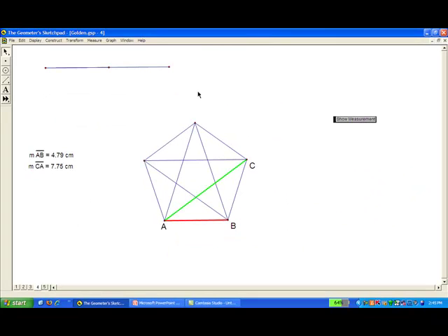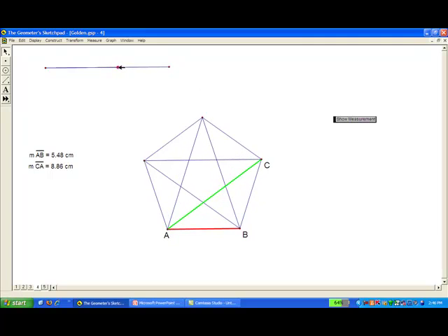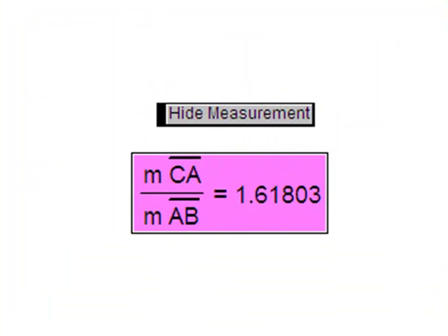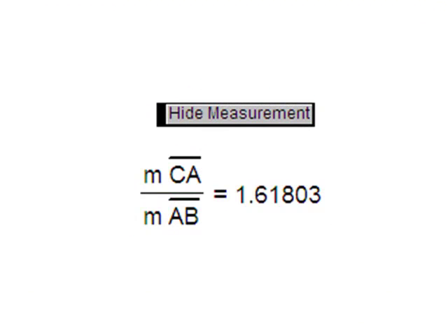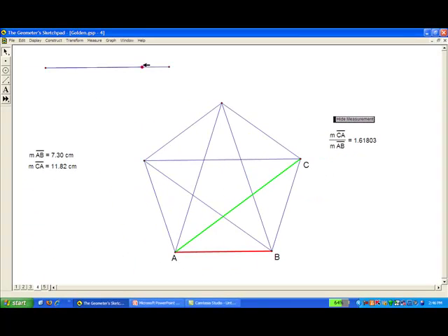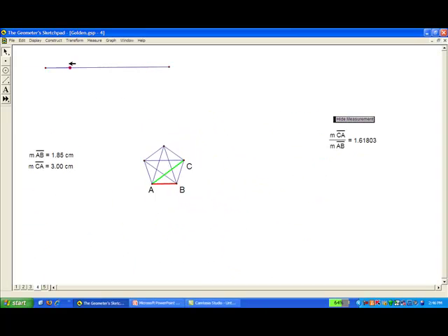Okay, now let's look at any regular pentagon. If we take a look at the ratio between its diagonal and its side, and this is for any size pentagon, we find that the ratio is the golden ratio. Very strange indeed.